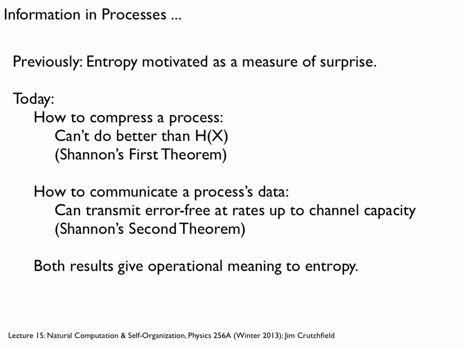So-called Shannon's first theorem is that you can't compress any better than the entropy of a source. And in a constructive way, you can actually transmit information from a source error-free up to rates governed by a communication channel's capacity. So we'll have to define what that is.